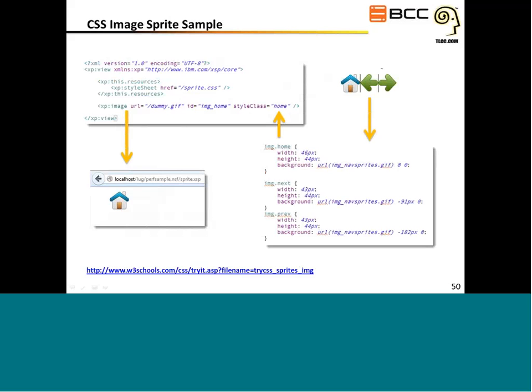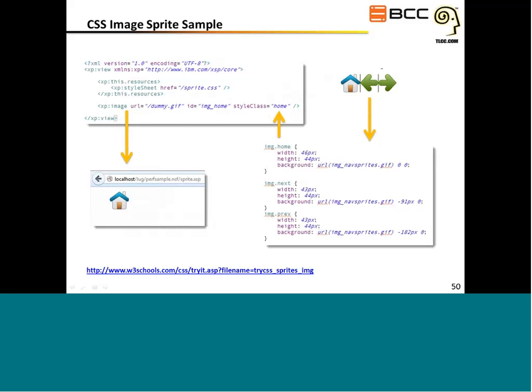There are some tools on the internet where you can upload your small images and you get the sprite image back along with the HTML to access the single parts of the sprite. And this is the CSS for this little guy here, and in your XPage you simply add a style class with the value of home to display the home image.